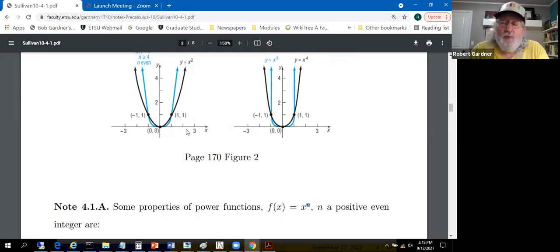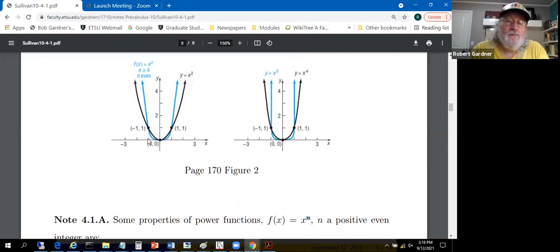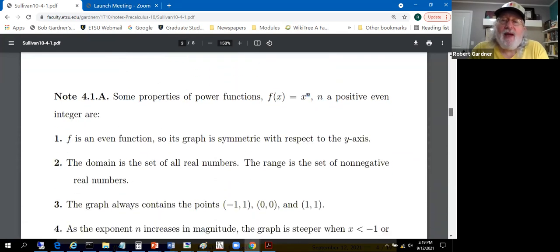You plug -1 in, you raise -1 to the nth power, where n is even, and that'll yield +1 as well. If n is odd, it's a different story. But with n even, you plug -1 in for x, and you get +1 out for y, because the negative sign is absorbed. So all of these graphs of power functions where n is even pass through those 3 points.